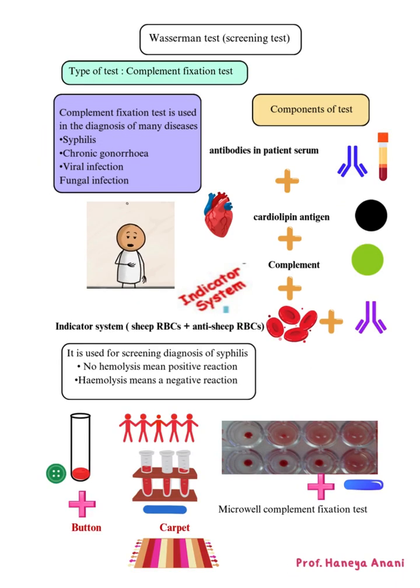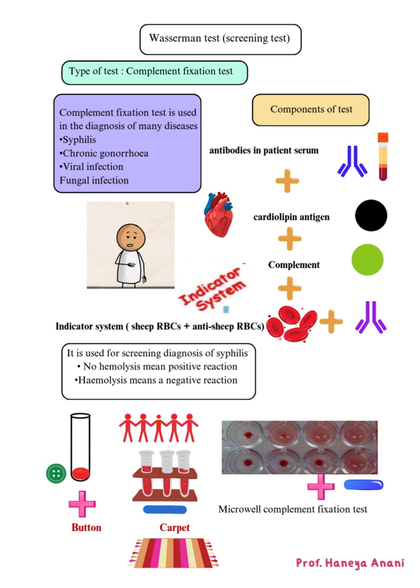Requirements for complement fixation test: serum sample of the patient. Antigen: in case of chronic gonorrhea, the antigen is extracted from gonococci. In case of syphilis, the antigen is cardiolipin. Indicator system: sheep RBCs plus anti-sheep RBCs. Complement.